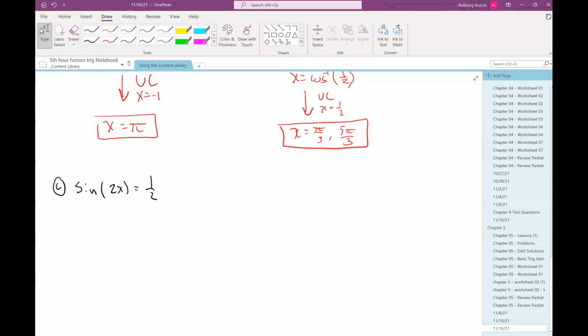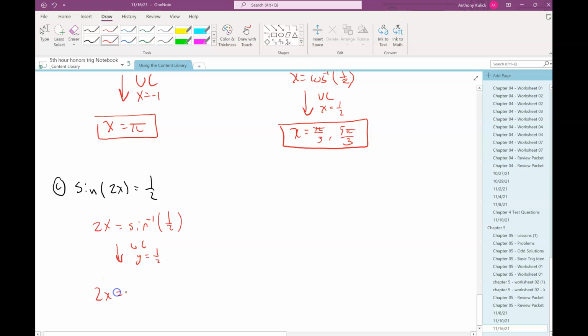I don't think it does, but I think you're going to say it does. Okay. You would think it wouldn't, right? You go, okay, well, I can just do this as I would normally, right? I'll do the sine inverse of both sides. So I'll go to my unit circle, look up where y is 1/2.